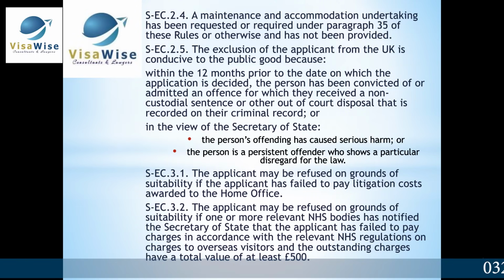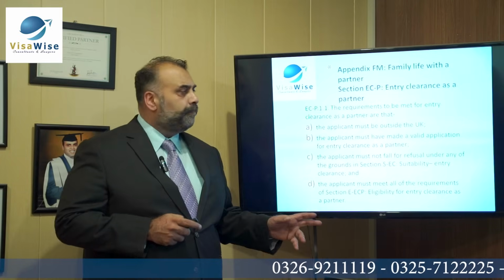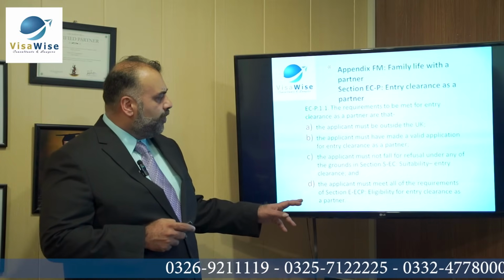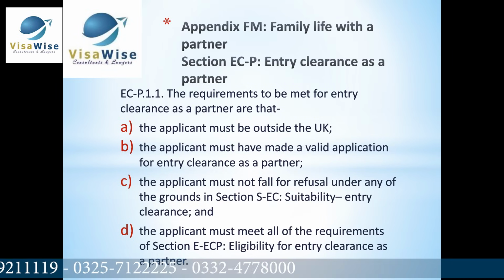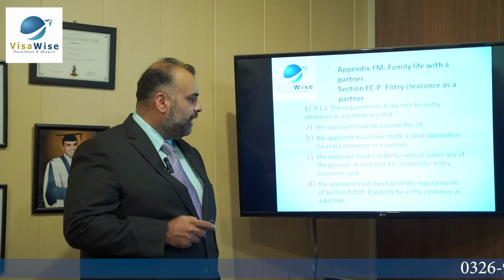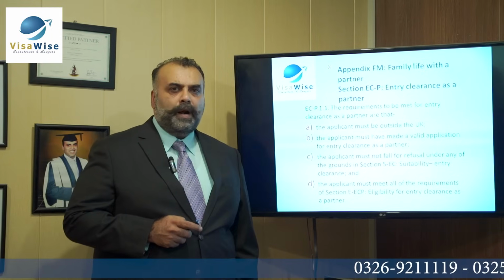Without wasting any further time, let's move on to the next part of the rules, which says that the applicant must meet all of the requirements of Section E-ECP, eligibility for entry clearance as a partner.